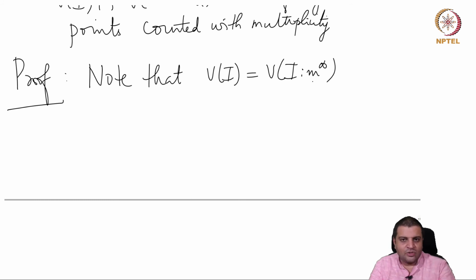But the maximal ideal is not a subset of the prime ideal, so that something should be in the prime ideal. So the saturation also satisfies V of I is equal to V of this.